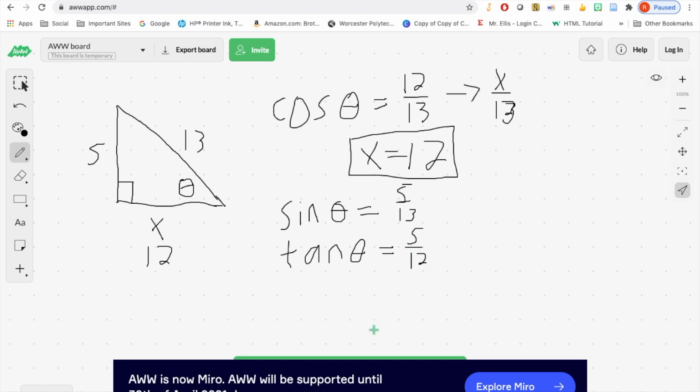And one thing I did want to go over, which is not related to this triangle at all, is say that we're given something like cosine theta equals 0.4.